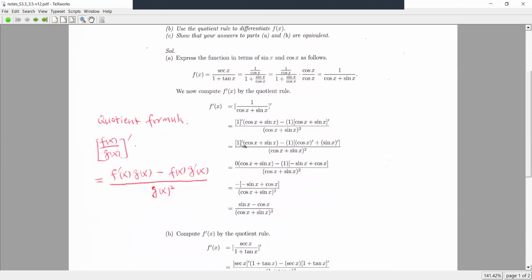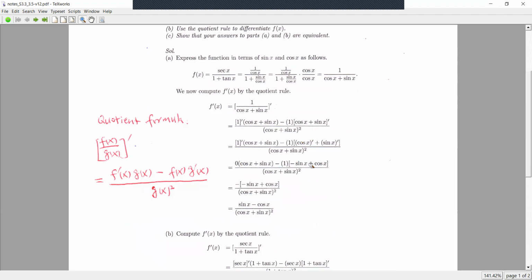Now, the derivative of 1 is 0. The derivative of cosine is negative sine. The derivative of sine is cosine. So this is the derivative of function f.